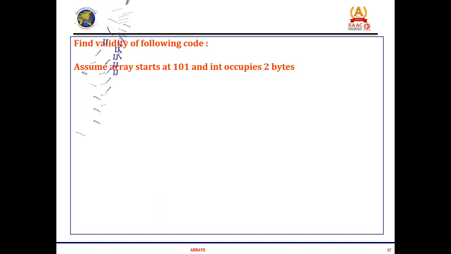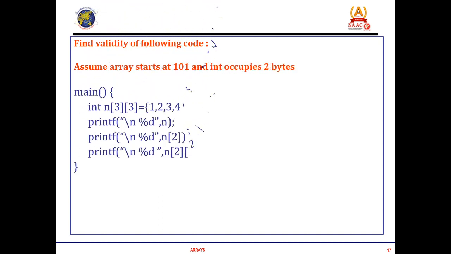Now, with all these things as a background, let us proceed with something that I love most, as all of you know, in C programming language. That is, find the validity of the following code. I request you to just spend some time going through this and try to understand what I am trying to ask you in this particular piece of code.